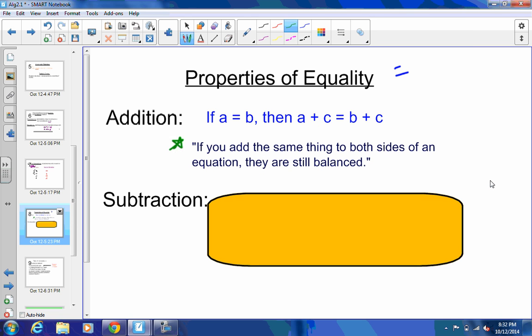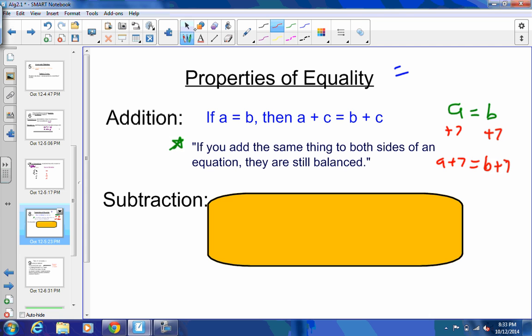If you have an equation that is set equal to each other, like a equals b, if you want to add something to one side, let's say you want to add 7, in order to keep that balanced, like you think of a balance, you have to also add 7 to the other side. That's just saying that you can do that if you want. To keep it balanced, though, you have to do it to both sides. So then you'd have a plus 7 equals b plus 7, and that is legal.